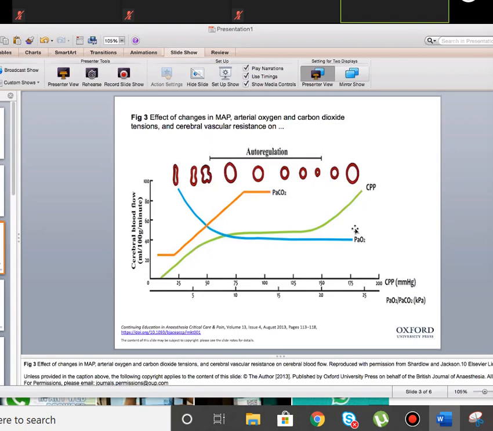Since the automated machines display the mean arterial pressure, once we increase the systolic blood pressure with resuscitation, either by giving noradrenaline or fluids, the mean arterial pressure will automatically go up. So we actually don't target a certain blood pressure. We always target the mean arterial pressure.